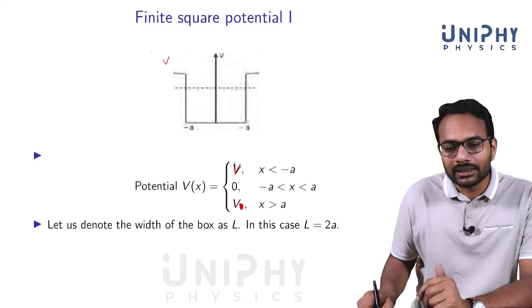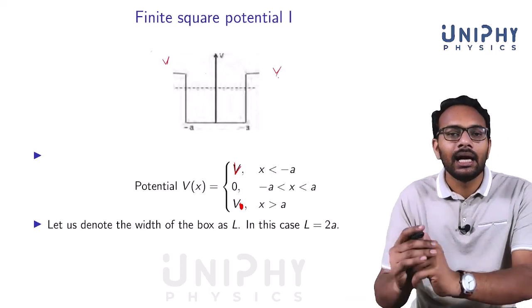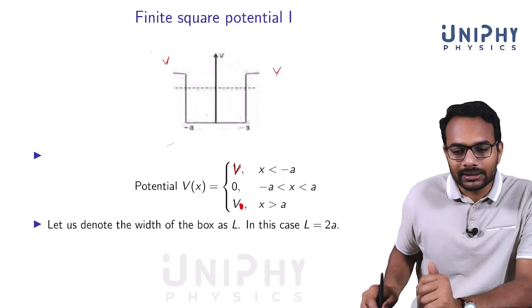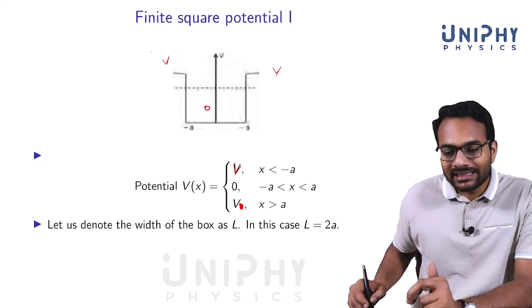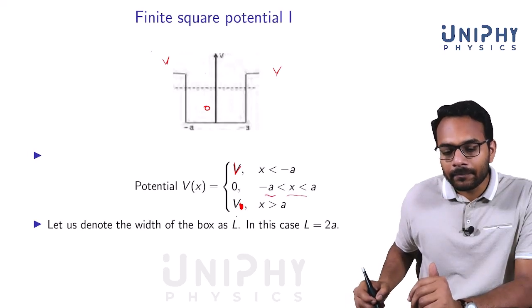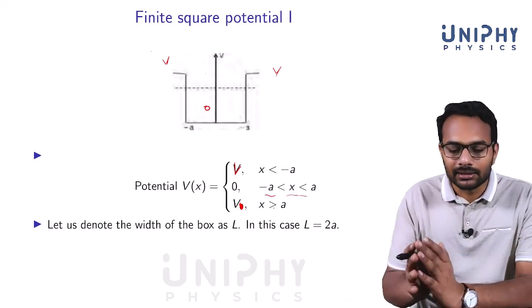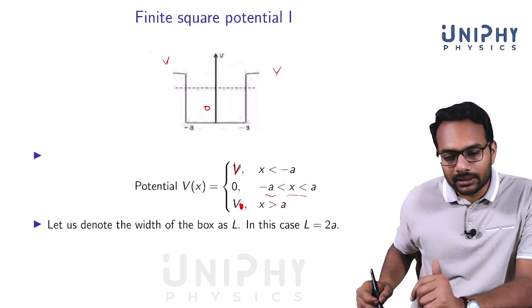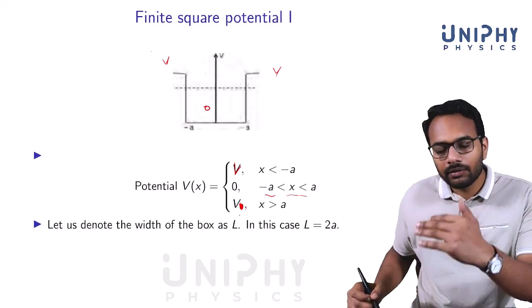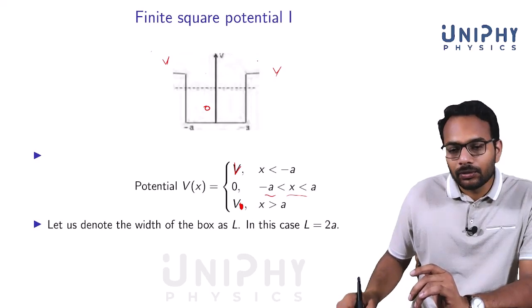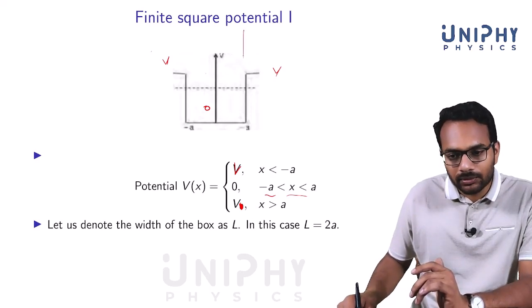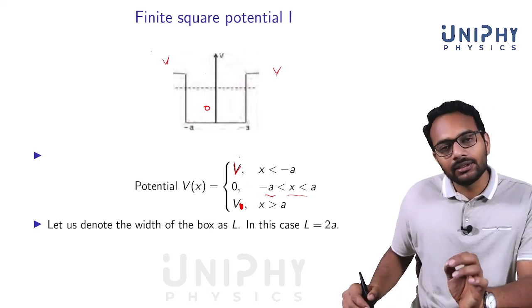The potential outside is V, and it's 0 inside. Outside there's a potential of finite height V. In the earlier case, what we saw was that the walls were of infinite height. In this case, it's not infinite, it's finite.